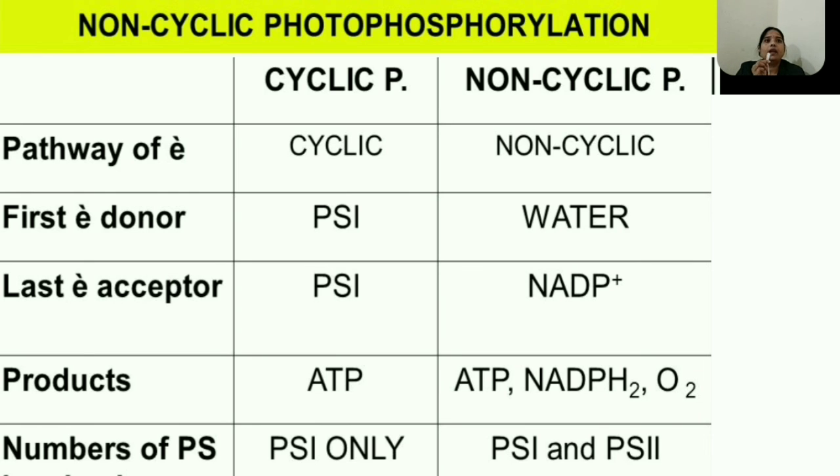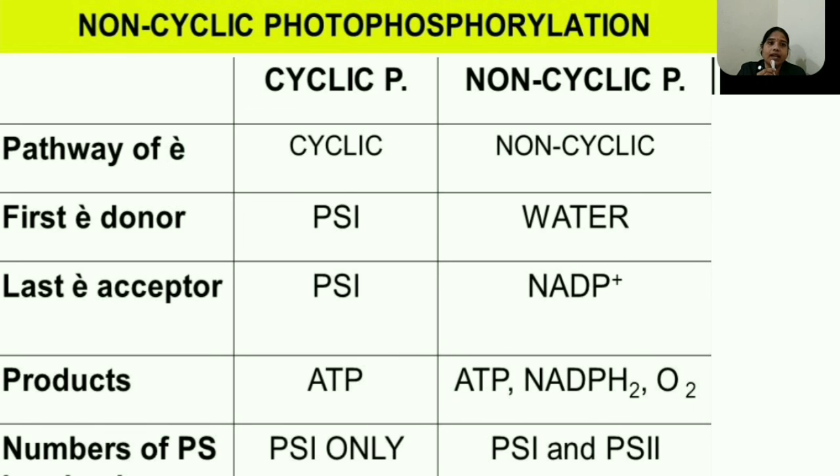Then the end products of cyclic and non-cyclic: in cyclic, only ATP is generated, but in non-cyclic, ATP as well as NADPH2 and water, and after the splitting of water, oxygen is a product.